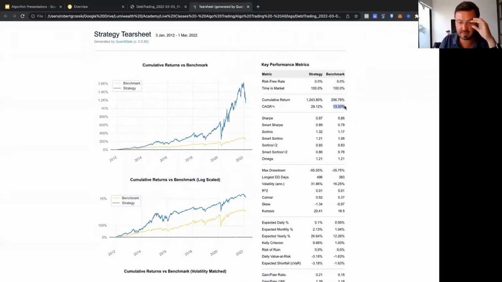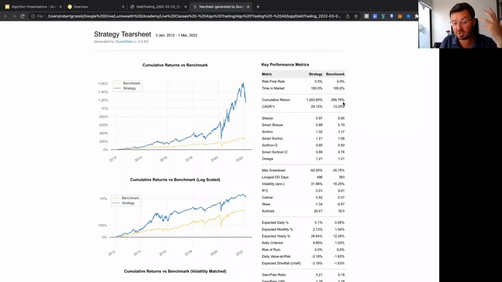Whereas our strategy would have made 1,243%. That is 5 times more than the S&P 500. You would have had 5 times more money than just putting into the stock market if you had used this strategy. You would have made 29% a year as opposed to 13% a year, with the benchmark being the S&P 500, SPY.